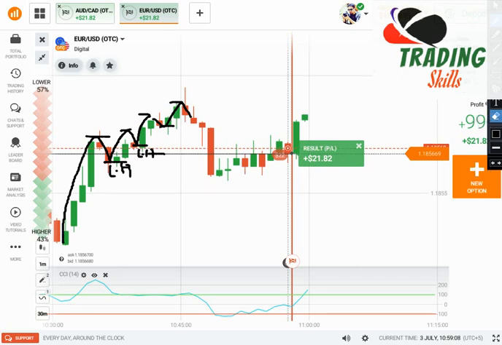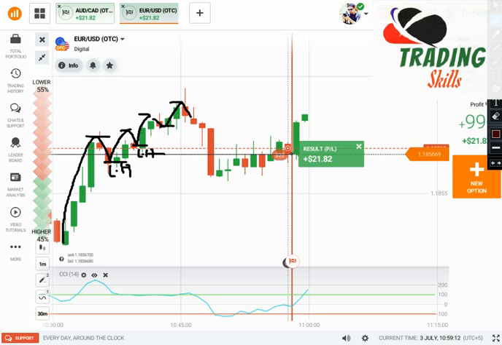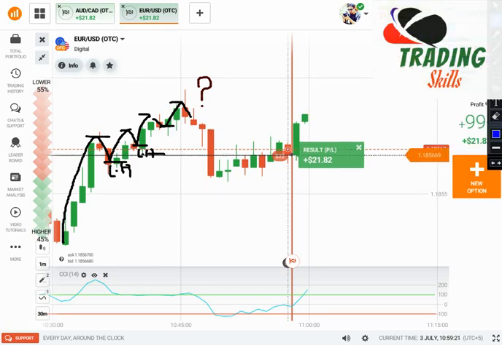But now from this point I want to change the color. You can see what happened here. So what happened here? The question arises now, what kind of trend are we facing?